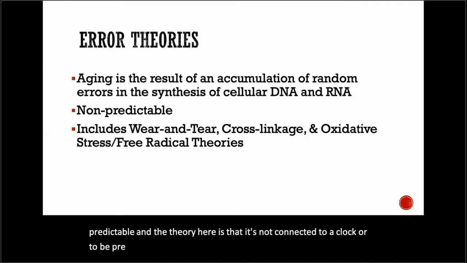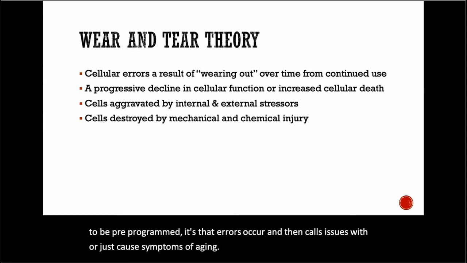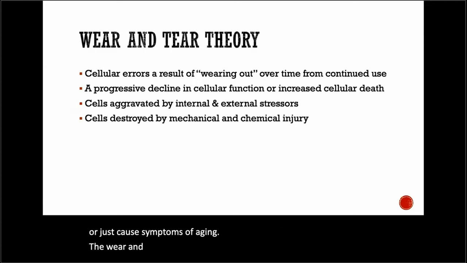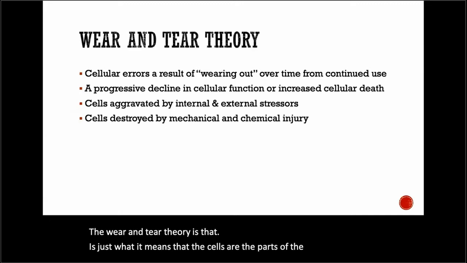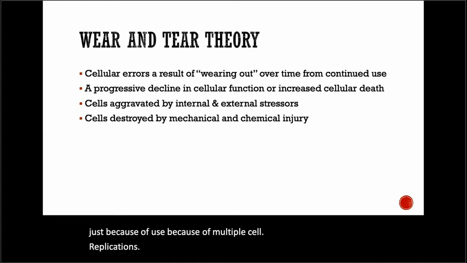It's that errors occur and then cause symptoms of aging. The wear and tear theory is just what it means, that the cells or the parts of the body wear out just because of use, because of multiple cell replications. And this can be internal or external. Stressors can contribute to the wear and tear.